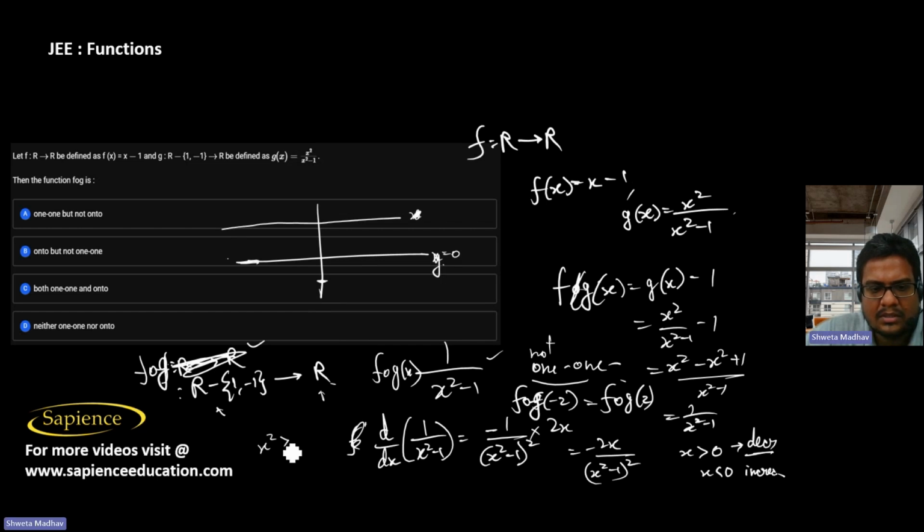x square will be greater than or equal to 0 always, and x square minus 1 will be greater than or equal to minus 1 always.